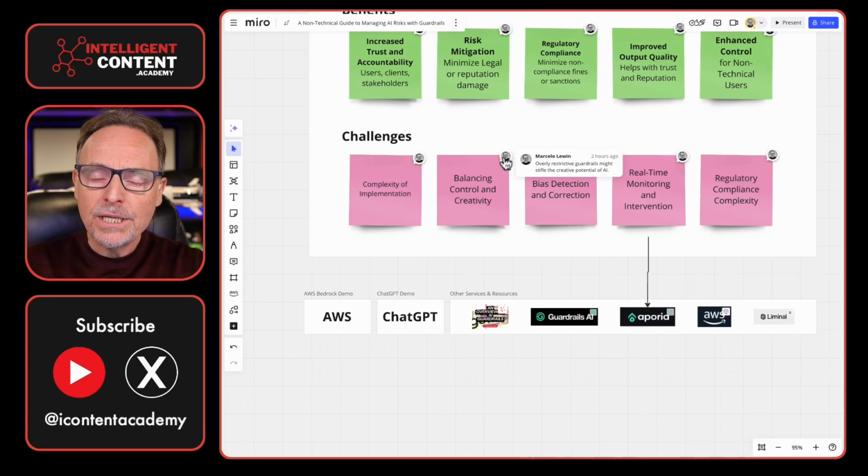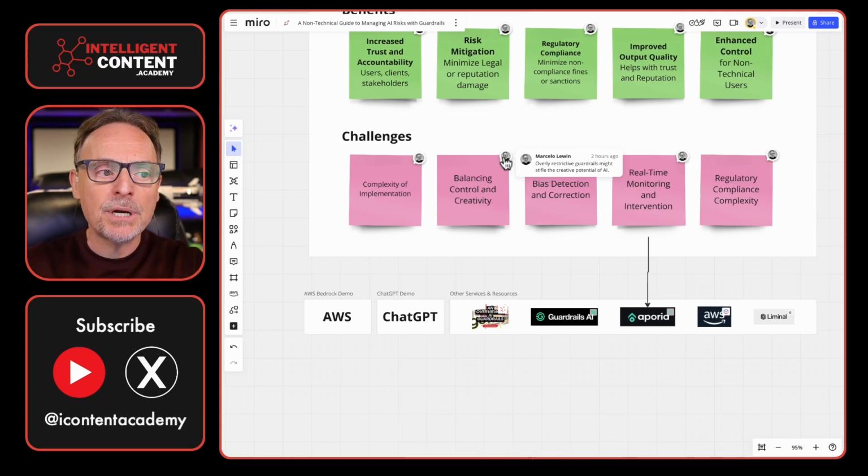Now, one of the potential issues is the balancing of how much control you put over the AI engine and the creativity it's allowed to do, just like in a person, right? You hire somebody, but then you put them in a box and you control every aspect of what they do. Well, then that person can't really be very creative and come up with great solutions and insights.